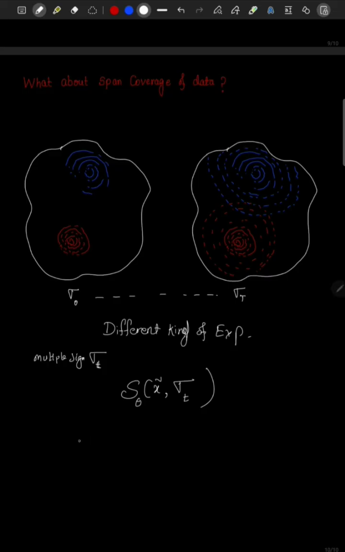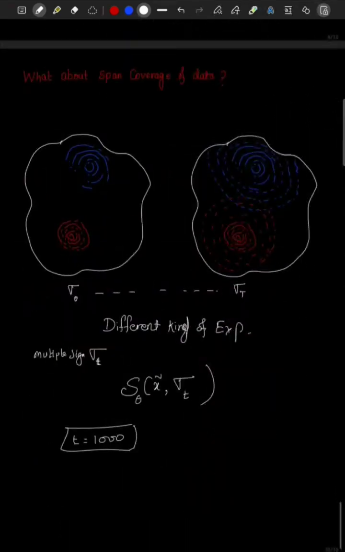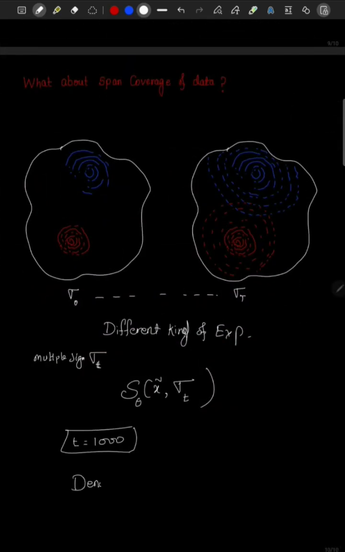People use timestamps up to 1000 to get better score matching estimations. So this is the complete setup for the denoising score matching estimation or generative model.